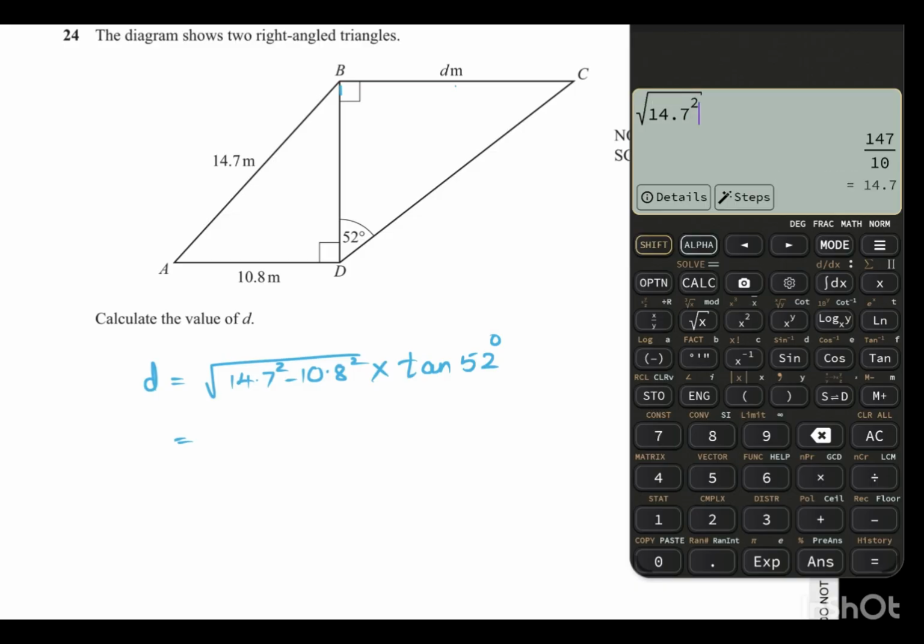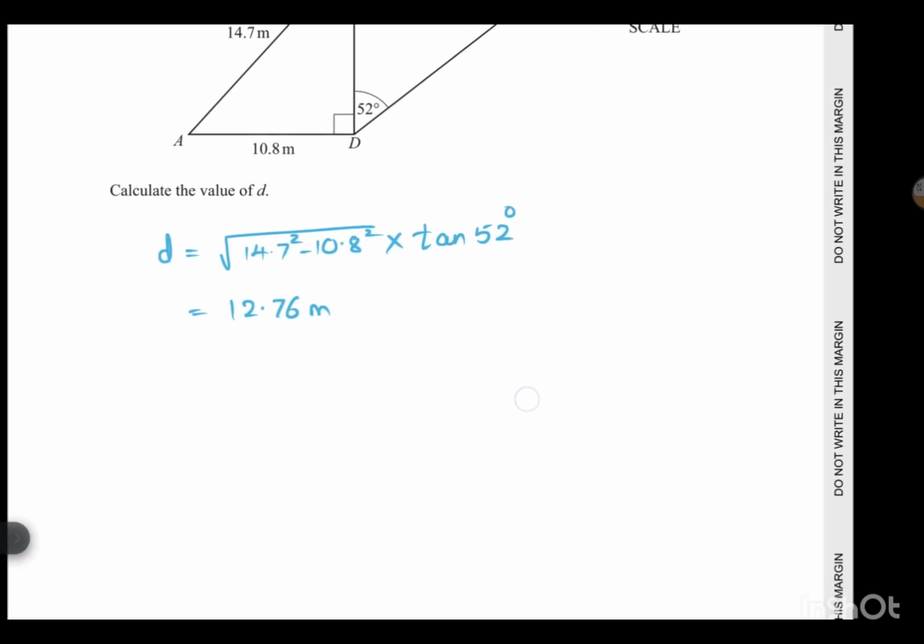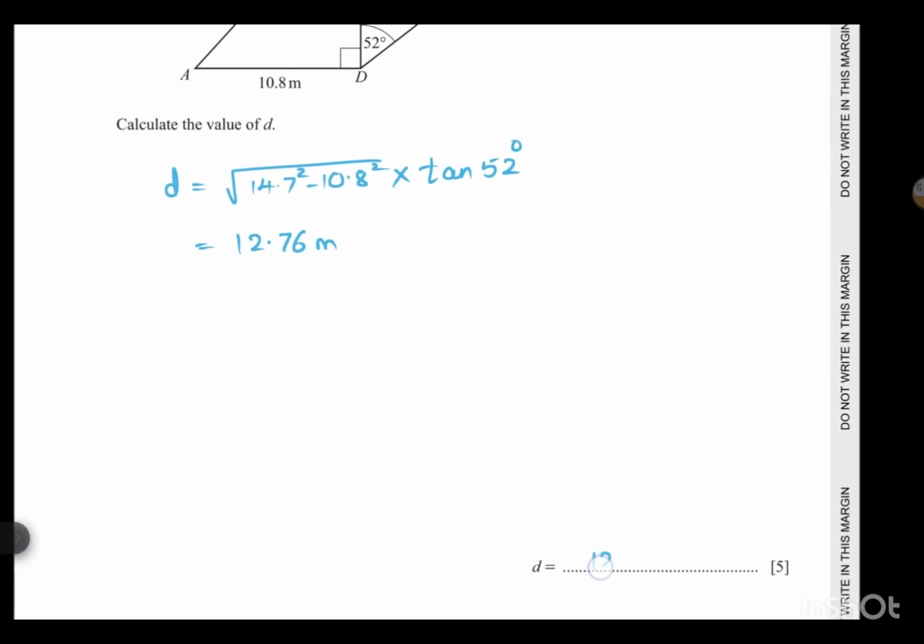You get 12.764, which is 12.76 if I round it to two decimal places, meters. This is the answer for d. The 12.76 meters is already given. This is the last question, students.